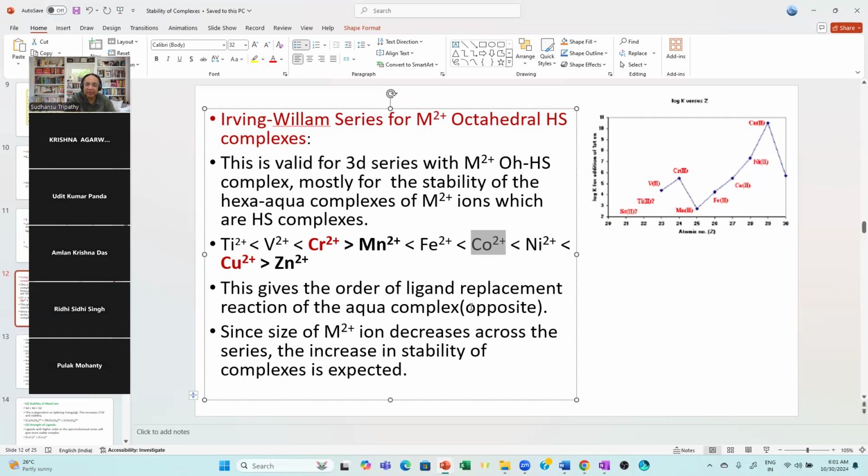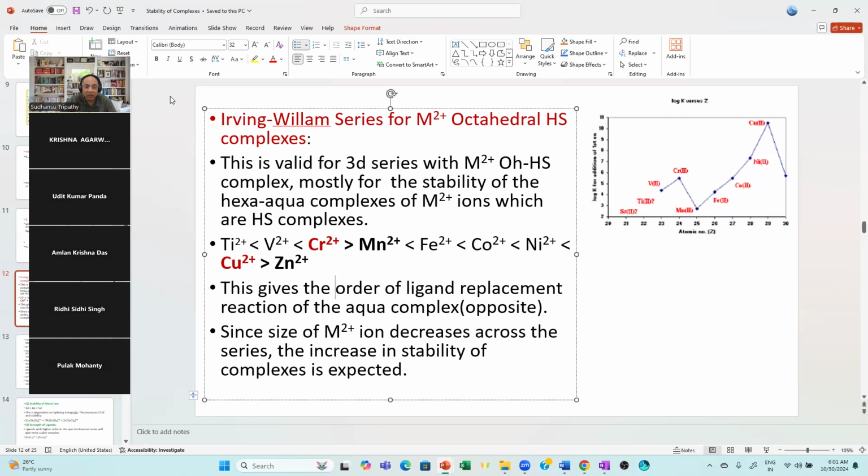We didn't get time to revise much more. So since the 3d metal ions are all +2, all hexa coordinated, all high spin, because you have taken aqua ligand, and +2 is a very weak field metal ion, they will form high spin complexes.